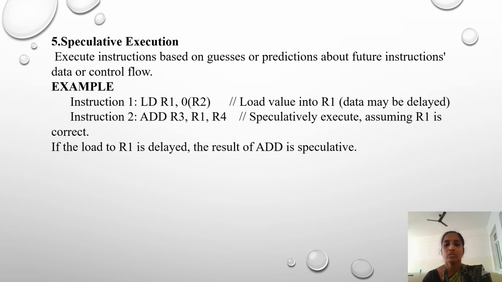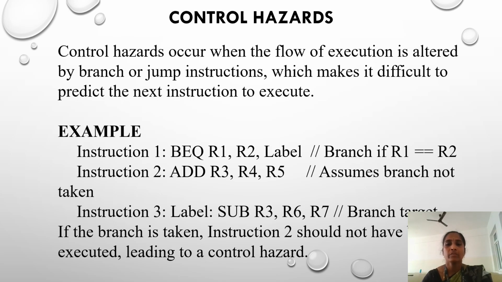So, in instruction 2, we speculatively execute assuming R1 is correct. If the load of R1 is delayed, the result of the add is speculative. So these are all the solutions for data hazard.